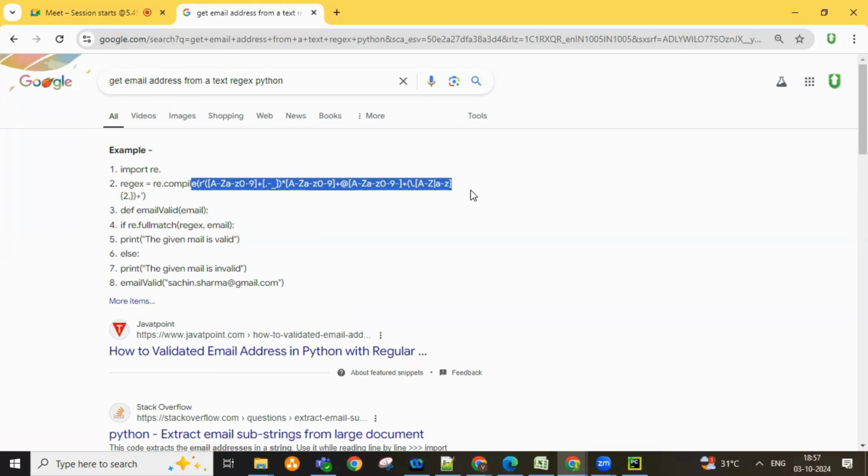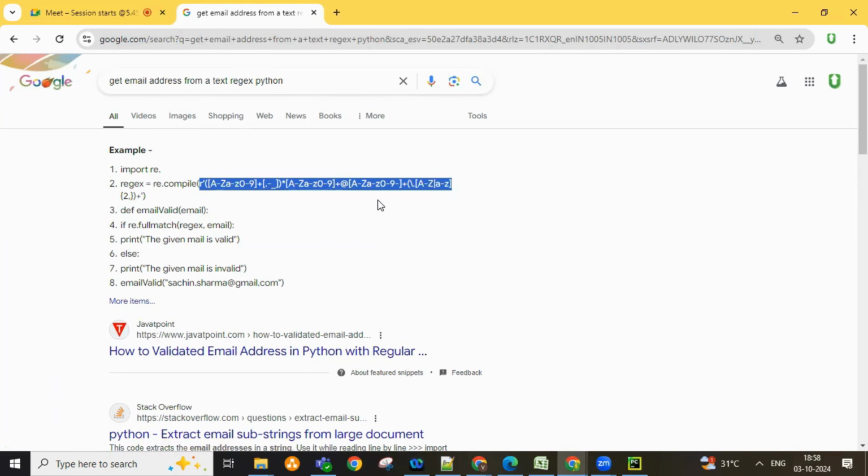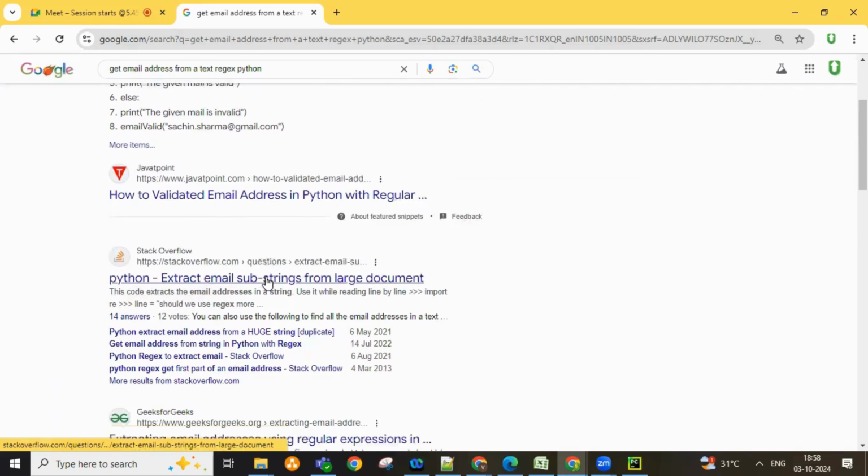What is this here? Who has written this? This is not at all a good thing, right? No one will remember this, isn't it, Naveen? See, this pattern, it really... yeah, right. So did you see this? This is no more a valid one. So we don't want to use it.